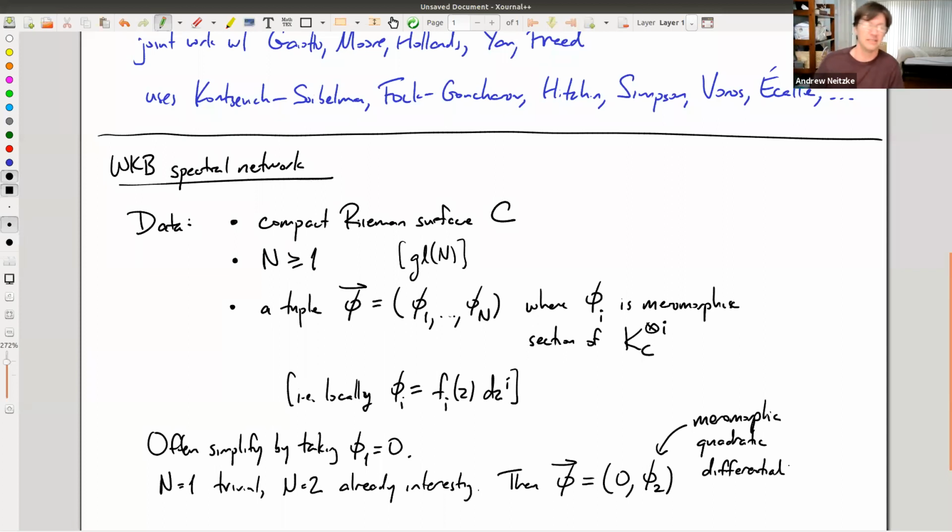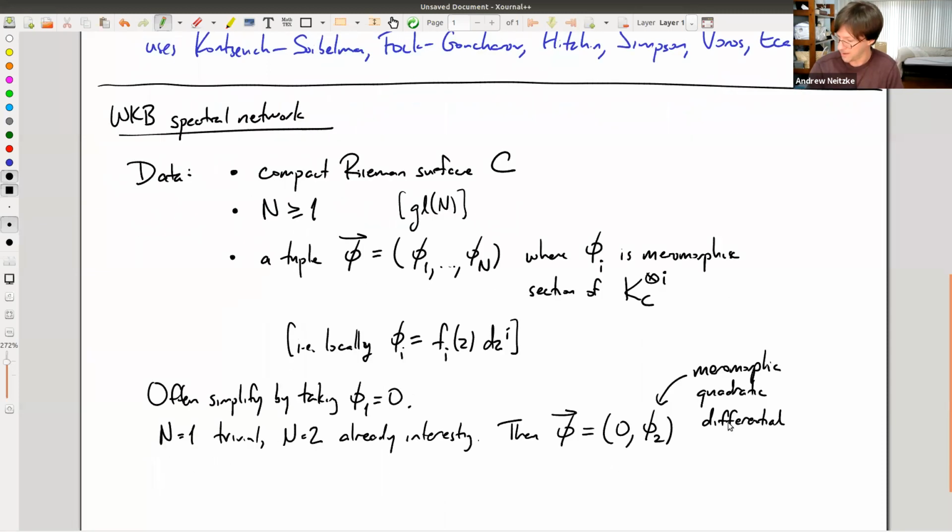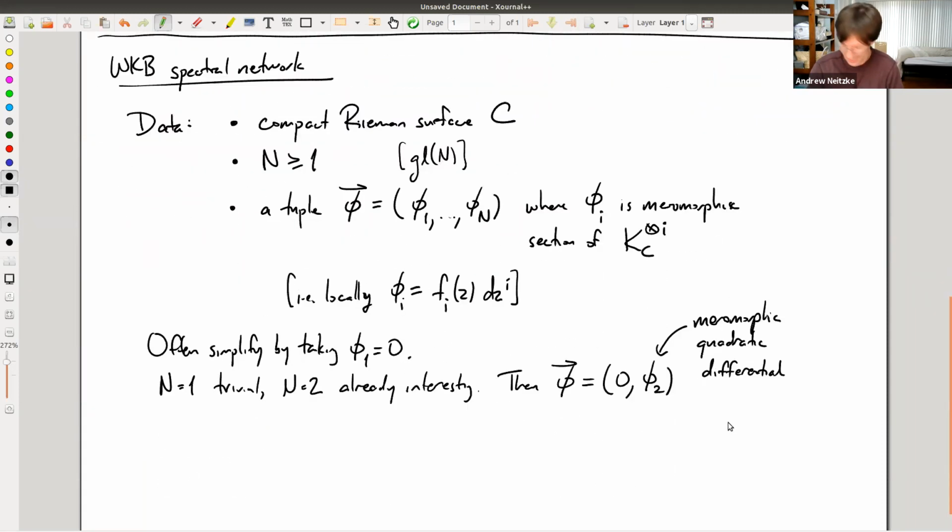We're just talking about a surface with a meromorphic quadratic differential, or a surface with a quadratic differential and a cubic differential. Basically, those two cases cover most of the interesting phenomena that at least we'll talk about today. Okay, so that's the data.